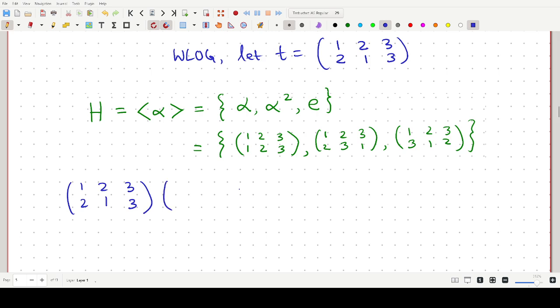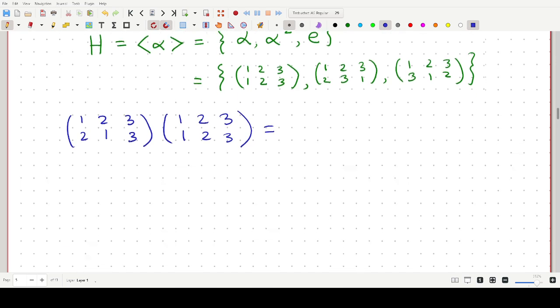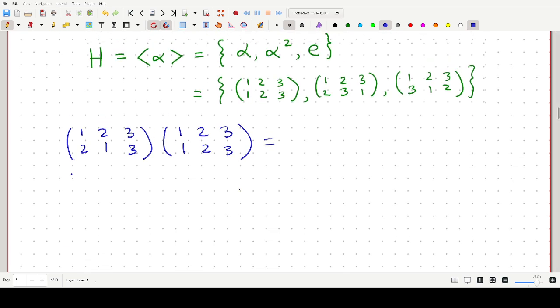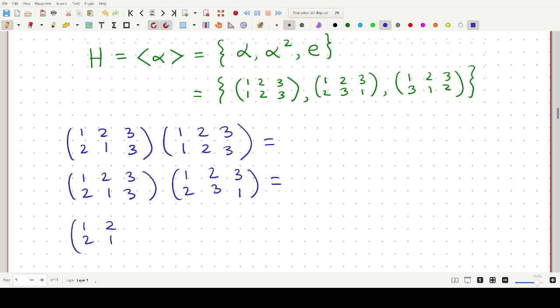Let us compose this with 1, 2, 3, 1, 2, 3. This will give us something. Furthermore, we shall be doing the same thing with all the other elements of H. So 1, 2, 3, 2, 1, 3, this is our T element. We have got 1, 2, 2, 3, 3, 1. This is our second element from H. Finally, we have got our T element and 1, 3, 2, 1, 3, 2 to be our third element from H.